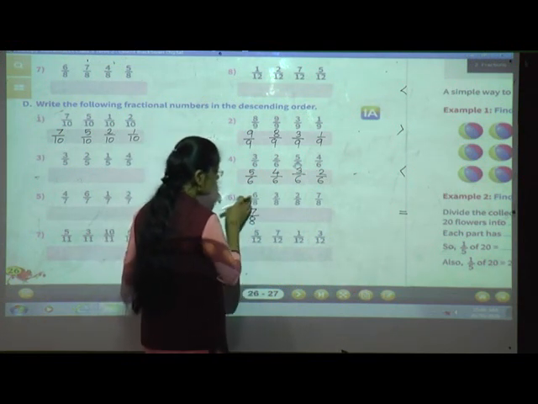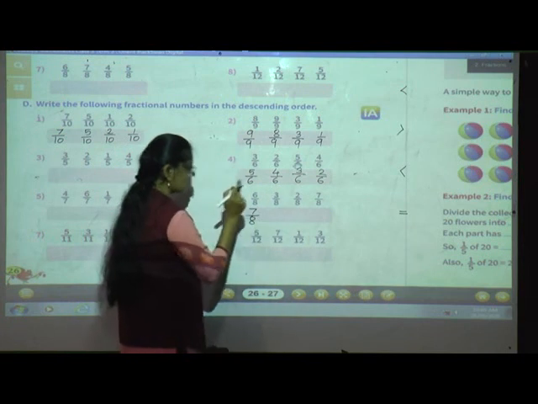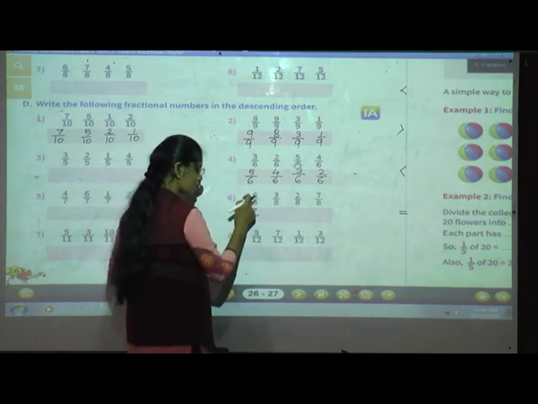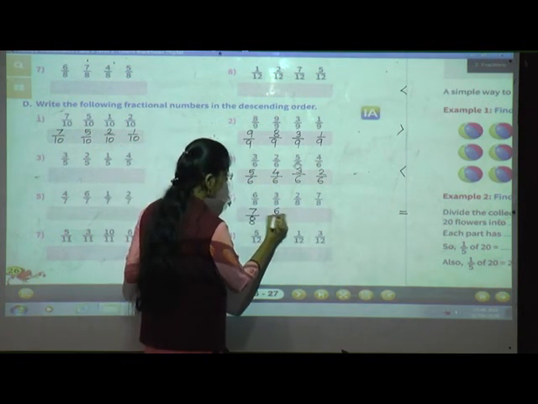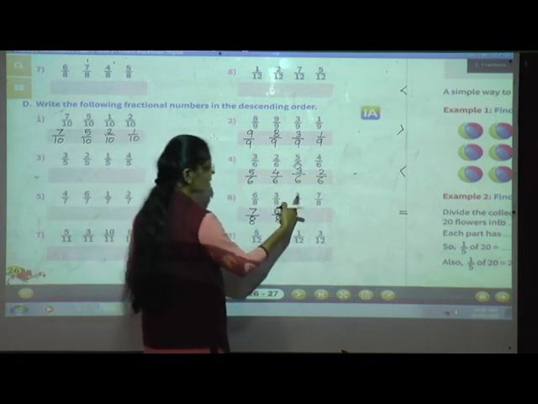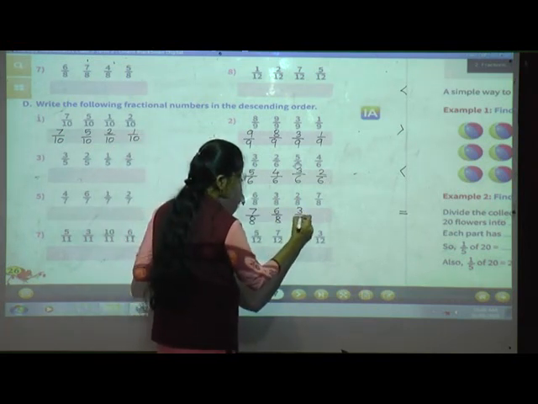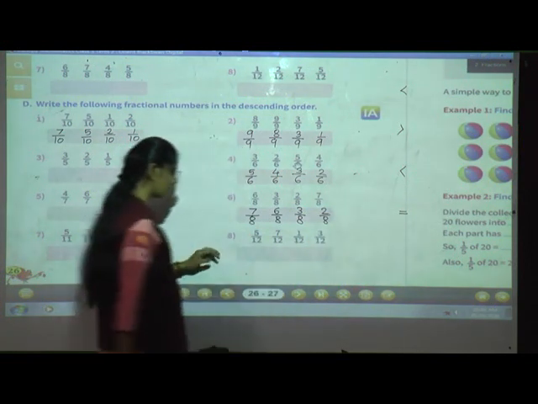Now remaining 3 numbers you have to see. 6, 3, 2. Now among these 3 numbers, which one is greater? 6. So here we'll write 6 by 8. Now only 2 numbers are remaining, that is 3 and 2. So 3 is greater than 2. So we'll write here 3 by 8 and the last 2 by 8.